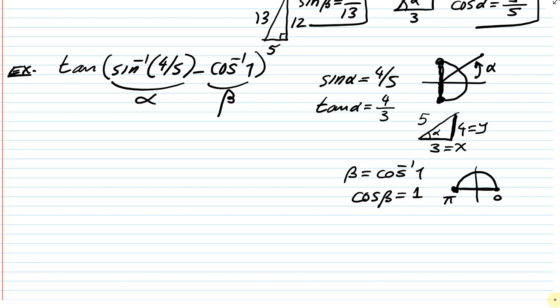Now, cosine is 1. That means we have a quadrantal angle. Cosine is 1, the point is (1, 0). So the angle is 0. Then beta is 0 radians, or you can think in terms of degrees.